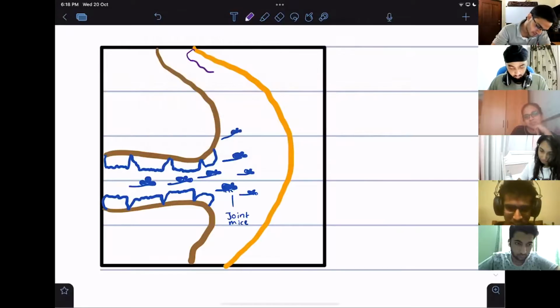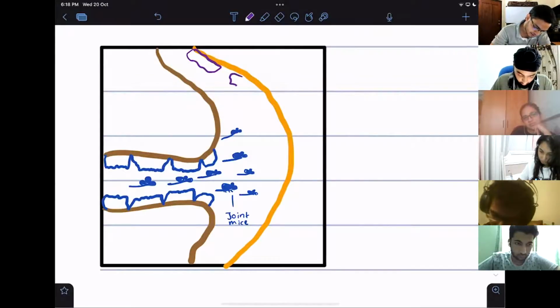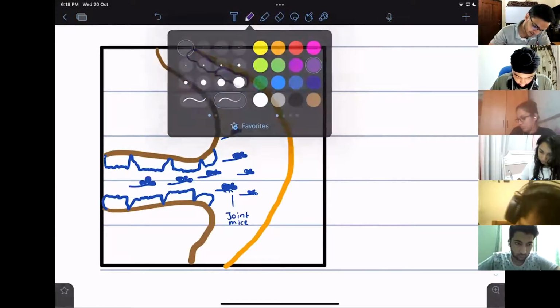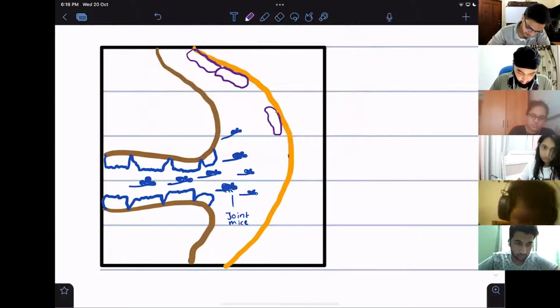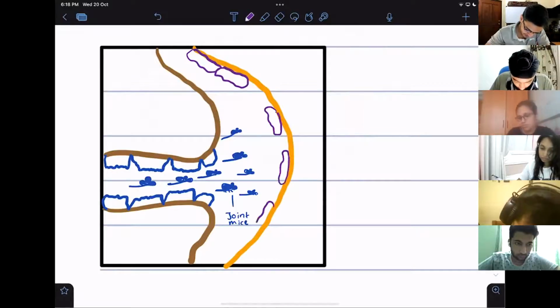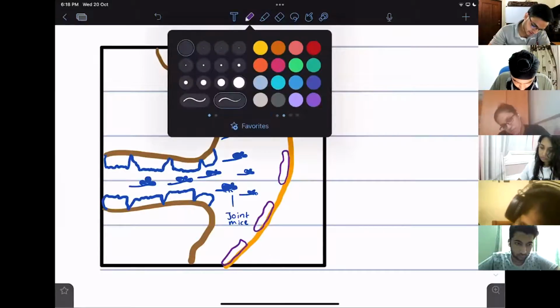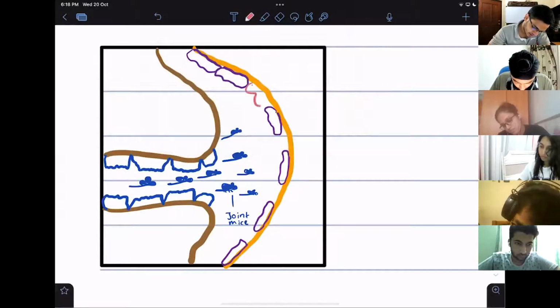Look at this. So let's draw some of these type A ones, and some type B ones as well, here and there, something like this. Type B, I will draw it like a letter B so that it's easy.